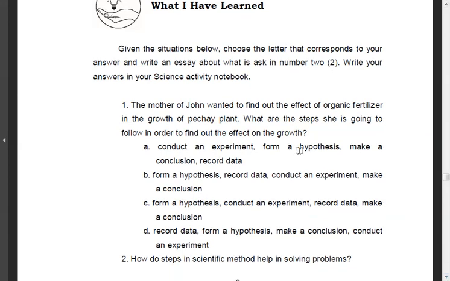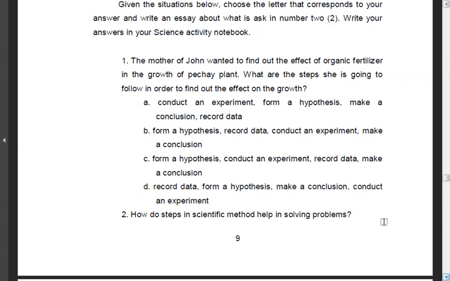Here, you have to choose. You see there is a situation in number 1. You just have to choose one letter for your answer. And then in number 2, you have to answer the question, how do steps in the scientific method help in solving problems? Please give your answers in 3 to 5 sentences only.